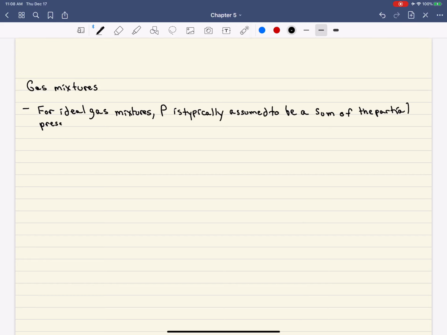What I mean by that, mathematically, is our P here, which is the total pressure of the system, is just going to be equal to the sum of all the partial pressures in the system.